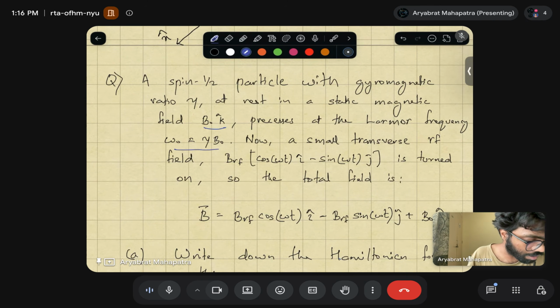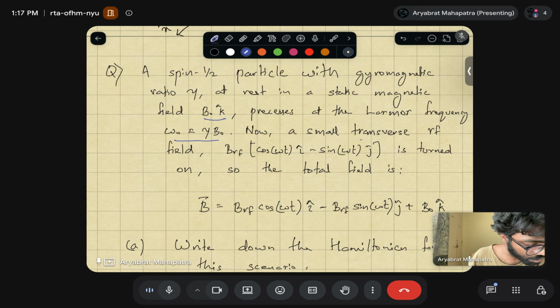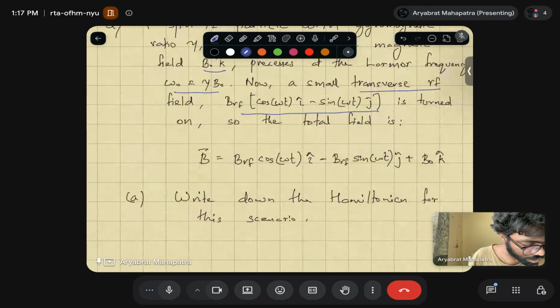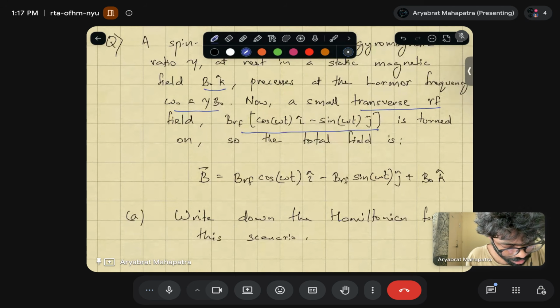Now a small transverse radio frequency magnetic field is also introduced, so the total field changes. Initially you had a magnetic field B naught k, due to which your spin vector was precessing.